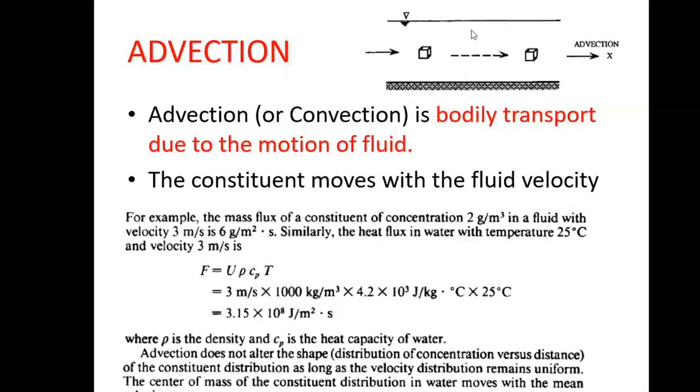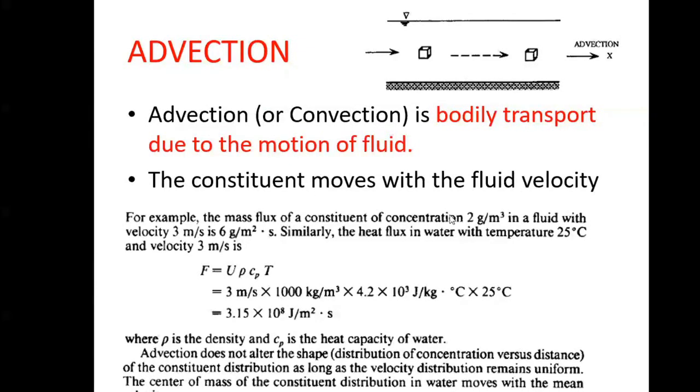Through this figure, this is a river channel, and some constituent is placed over here. Suspended sediments, which are not dissolved, usually move through advection. If it is moving along with the water because of the velocity of the water, we say this is a process of transport known as advection of the nutrients.